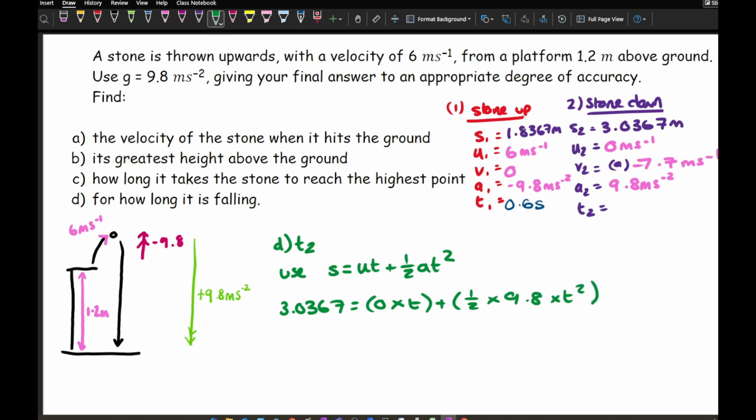Simplifying all of that, what I end up with is 3.0367. Now if you've rounded up your numbers, that's fine, but I'm just going to go for as much accuracy as I possibly can, in which I get this.